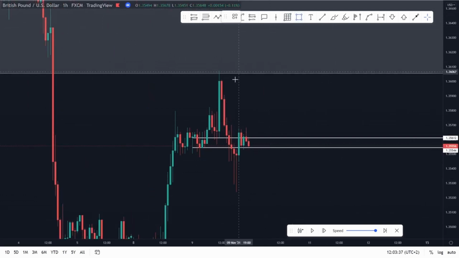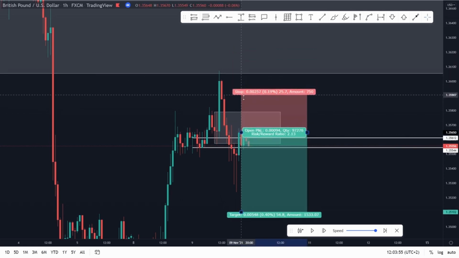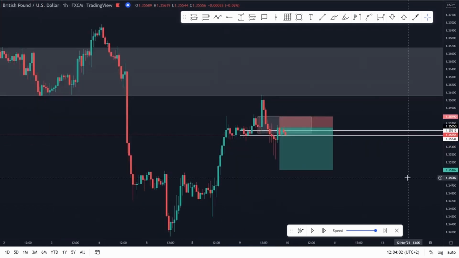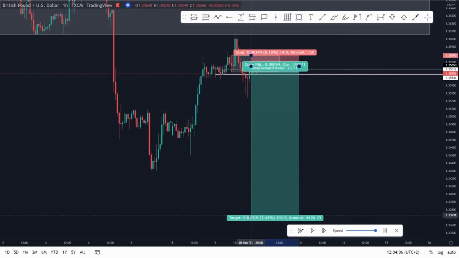So which one is our zone? This zone over here. So we will enter through this area here. Because this is not an engulfing candle, we can enter above here, putting our stop loss here, and then that means we can target more profits.